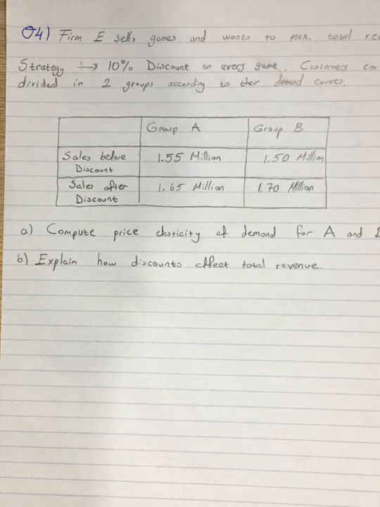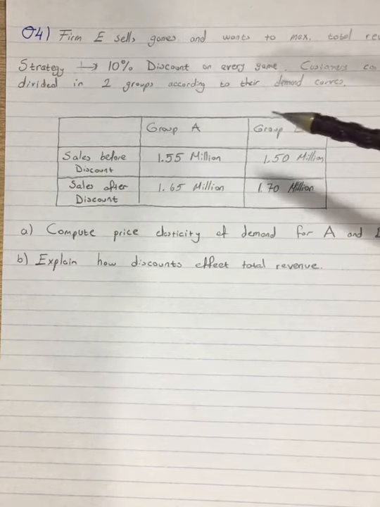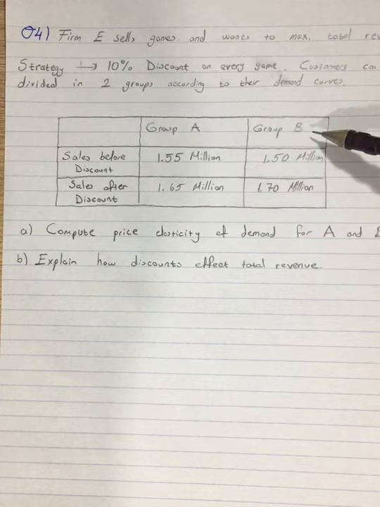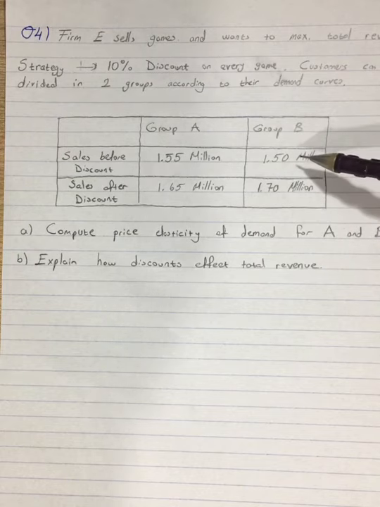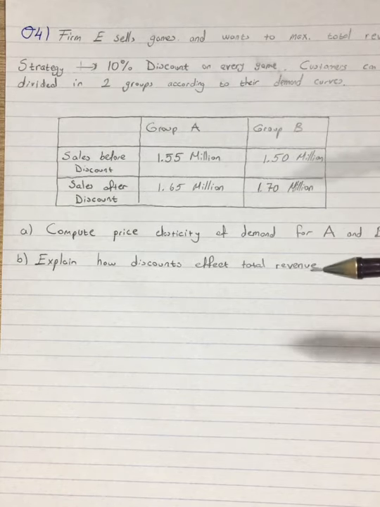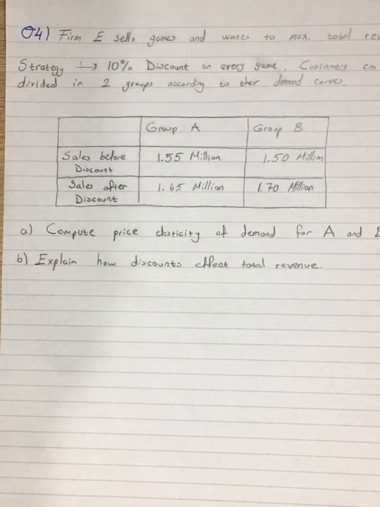So group A reacts to the discount by going from this quantity to this quantity, and group B reacts to the discount by going from this quantity to this quantity. In part A, it says compute the price elasticity of demand for group A and B. Again, we have to use the midpoint method.